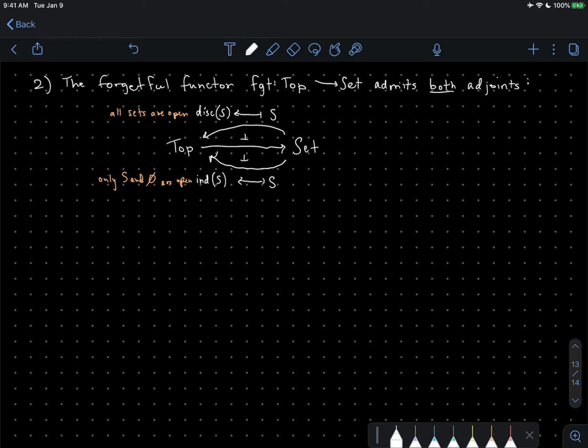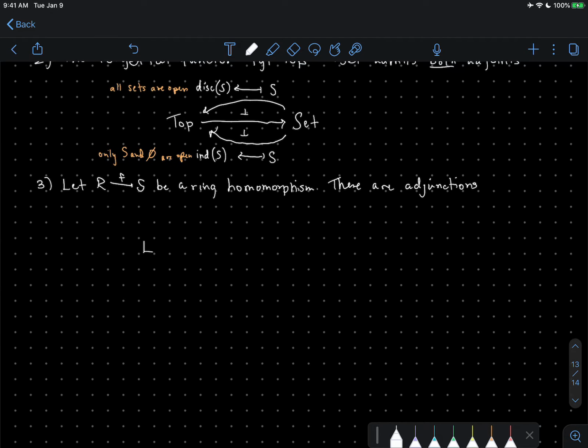Now here's one that I promised you last time. Let F be a ring homomorphism from R to S. Then there is another triple of functors with a pair of adjunctions, as I hinted at last time.